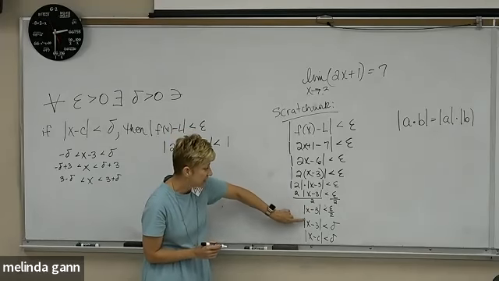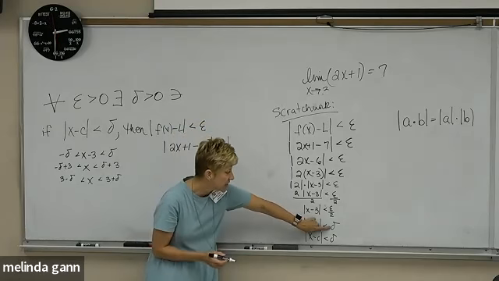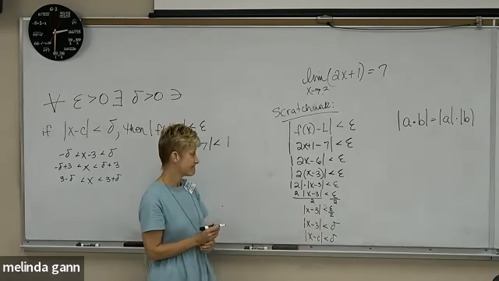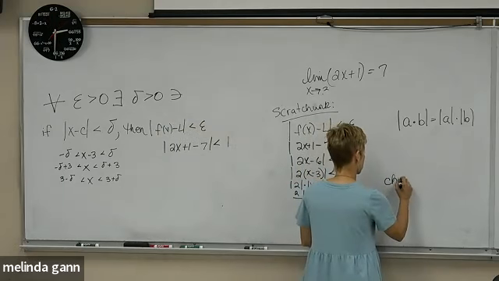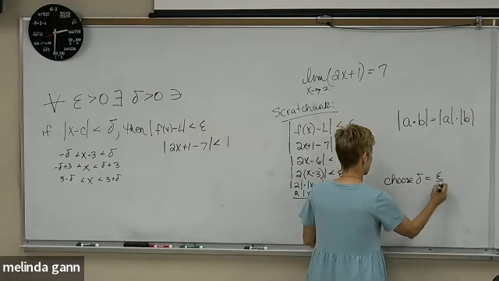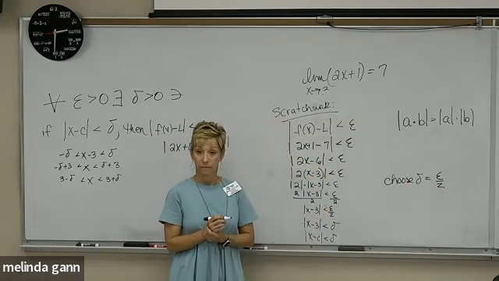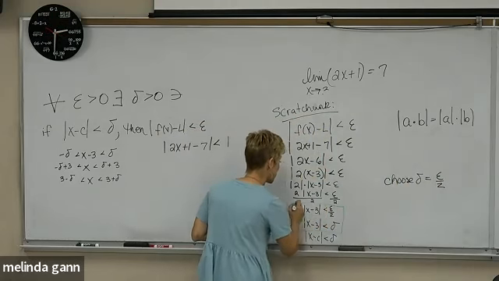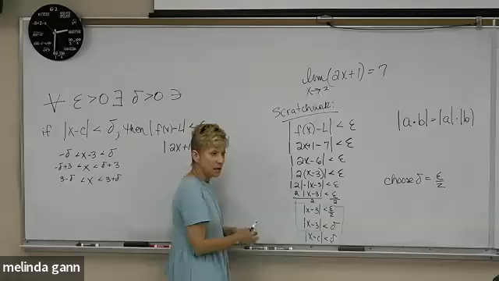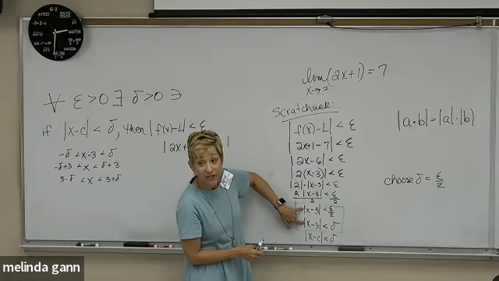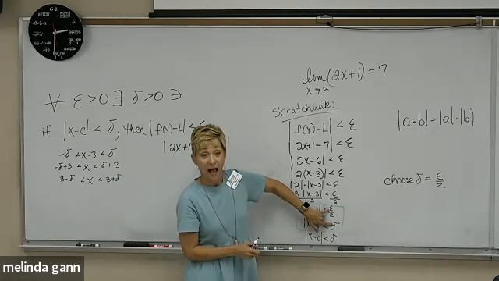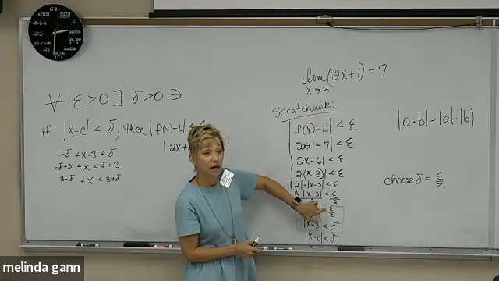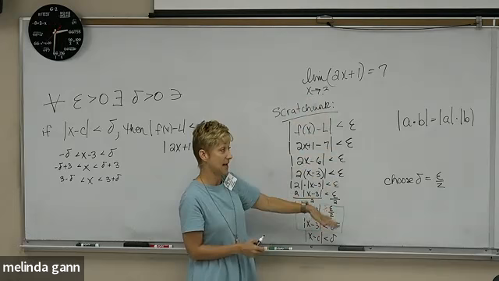Well, I can turn this into this if delta is epsilon over 2. The whole point of this is the only way that these 2 sentences are both true, the left sides are going to have to match, and the right sides are going to have to match. So the only way this is going to work is if delta is epsilon over 2. Now, I'm not going to erase anything. I'm going to go to that board over there.